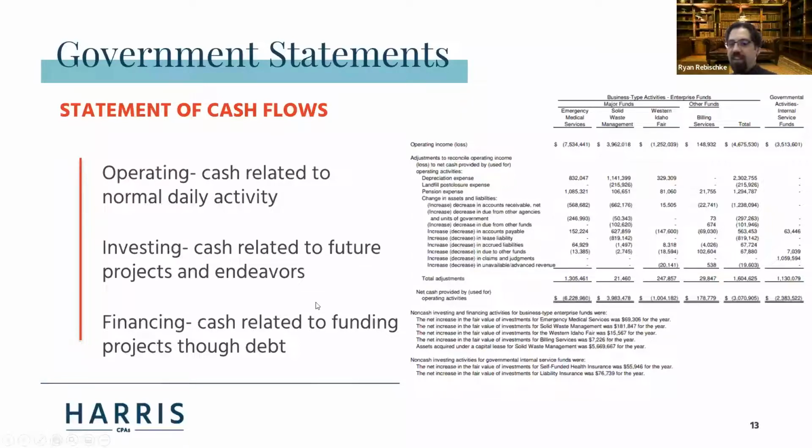And then if they had any investing activities, cash related to future projects, this is kind of an oversimplification. It's really cash being invested in something that is an investment. It would be documented here, and then if there's any financing, the big one you'd see here would be bonds. If they're issuing bonds or taking on any government debt, that's a financing activity because you're bringing in resources using debt financing to cover that cost.